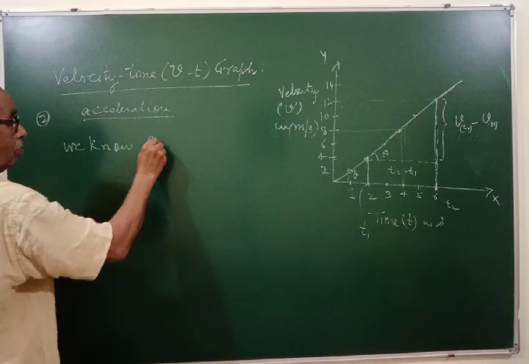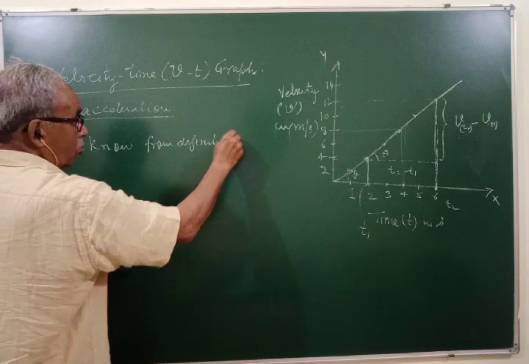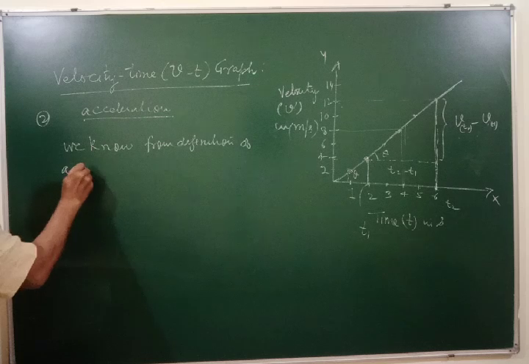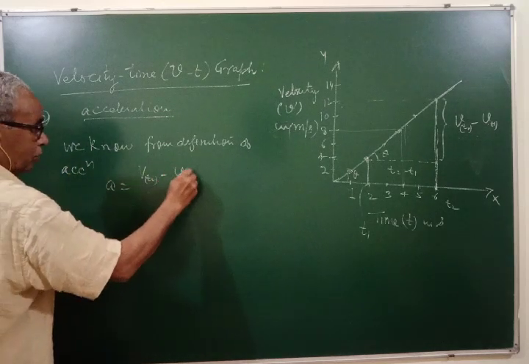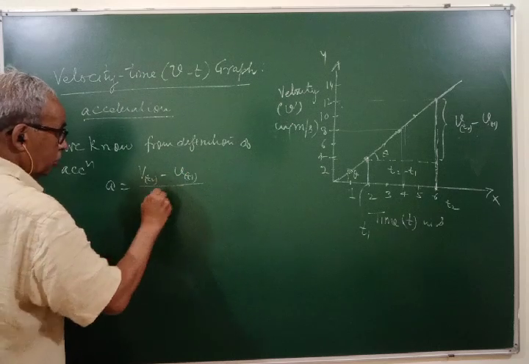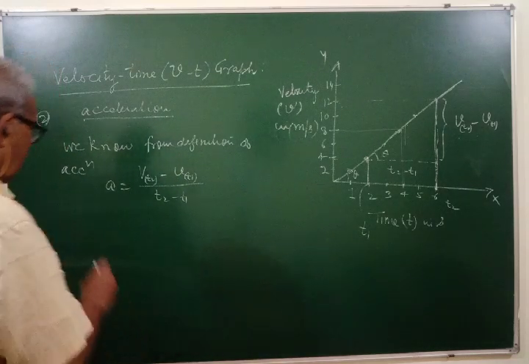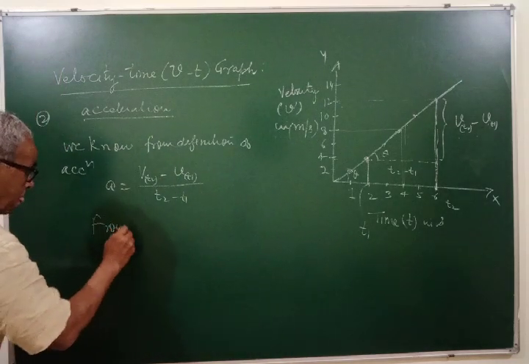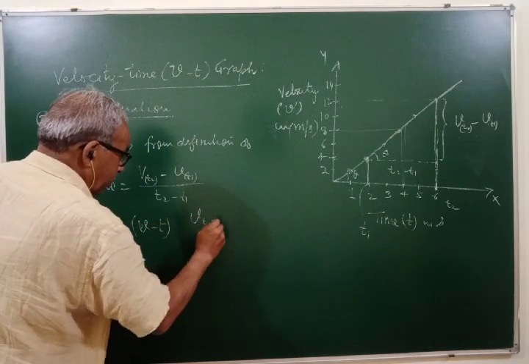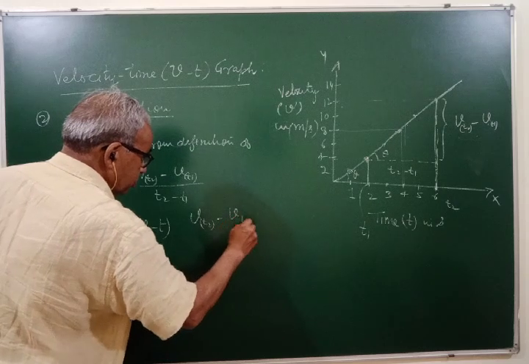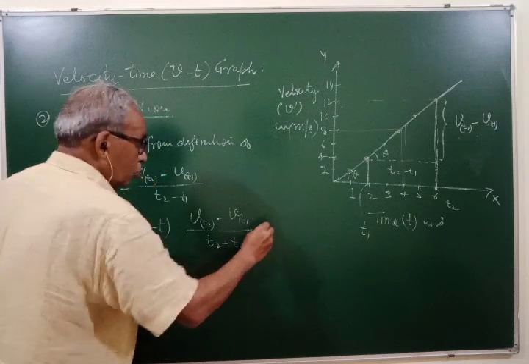We know from the definition of acceleration, a equal to Vt2 minus Vt1 upon T2 minus T1. And from this Vt graph, Vt2 minus Vt1 upon T2 minus T1 is equal to tan theta.